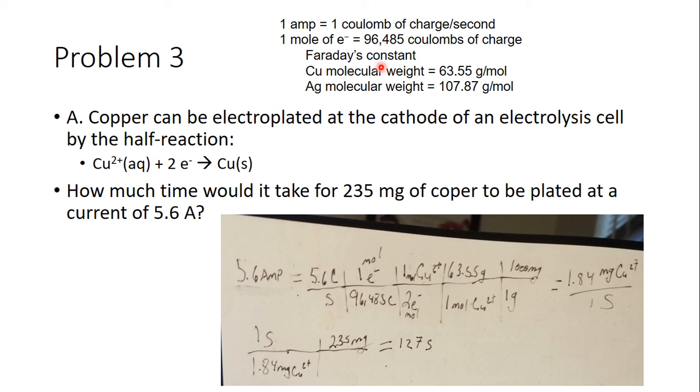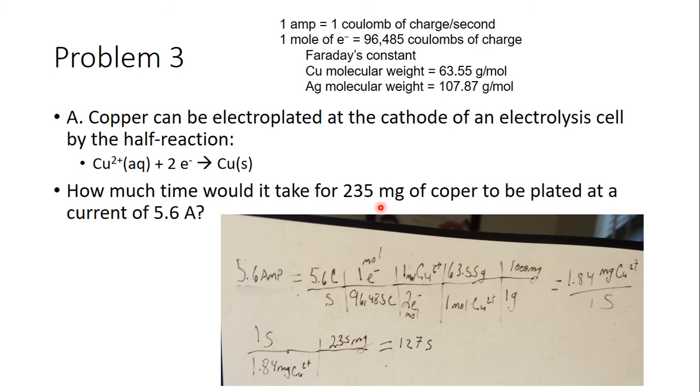We know from molecular weight that 1 mole of copper is 63.55 grams. And let's convert that into milligrams. So 1 gram is 1,000 milligrams. So using copper at 5.6 amps, we know that we can plate 1.84 milligrams of copper for every 1 second.